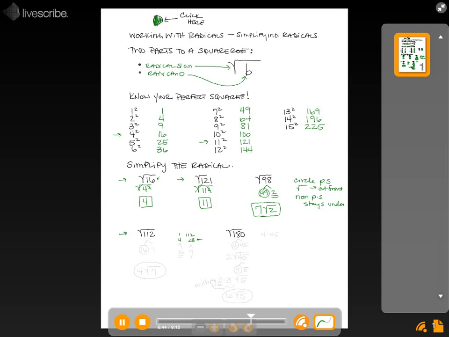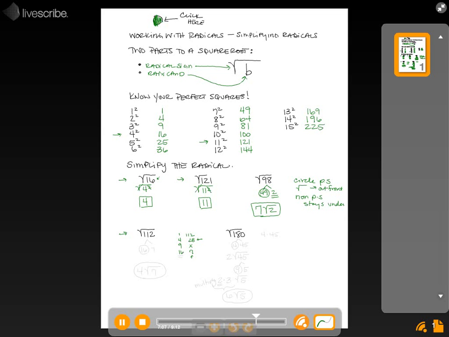I want to make sure, though, that 4 is the biggest, so I'm going to keep going down my list. 9, I'm going to do 112 divided by 9. That gives me a decimal, so that doesn't work. Let's go to 16 now. 112 divided by 16, and I got 7. Now I can stop there because I know 7 is a prime number.